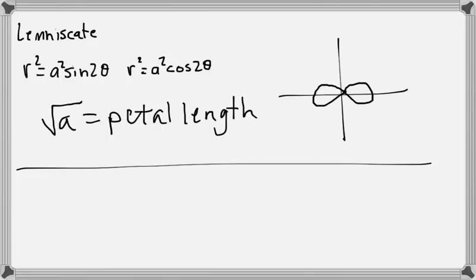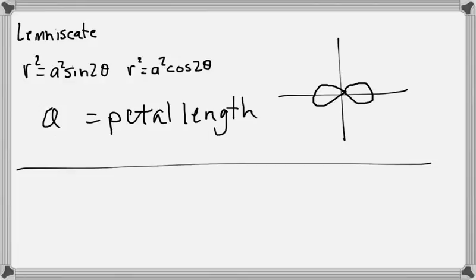A is the number out front. Is it before you square? No. Oh, I see what you're saying. We'll just say A then. I'm almost thinking it's the square root of the number that's in front. I'll show you an example in just a minute.